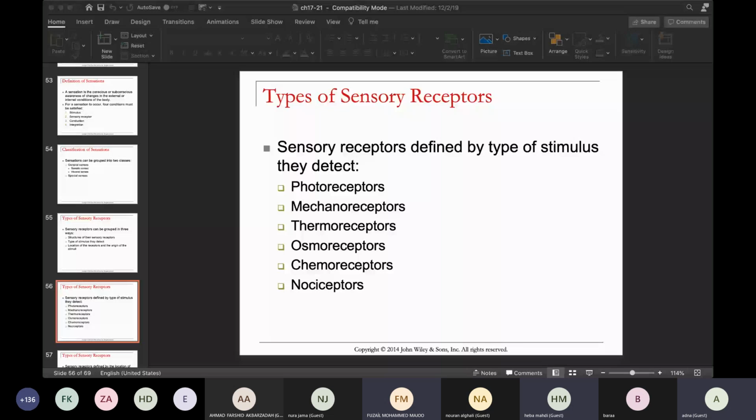Okay, go ahead. They are responsible for sending signals to the spinal cord and brain.